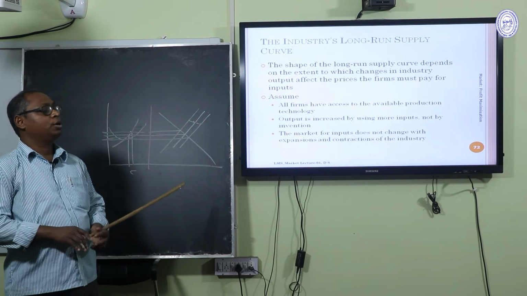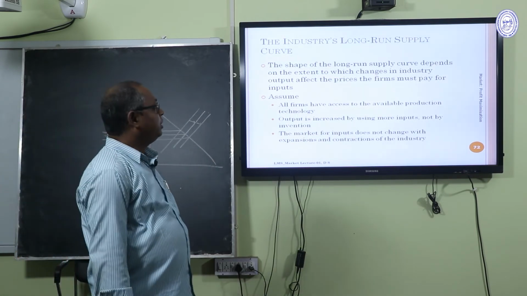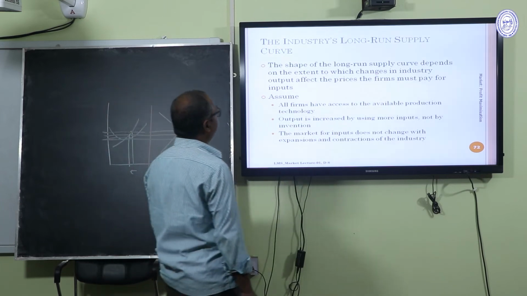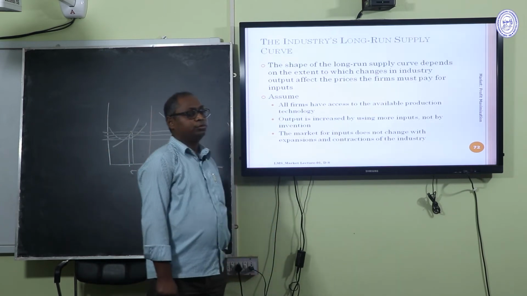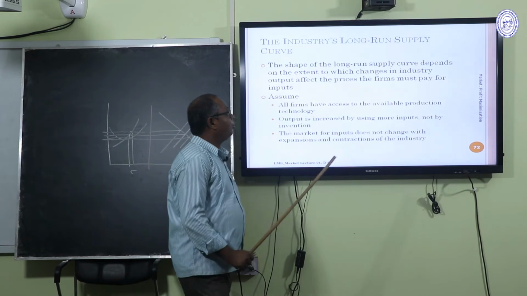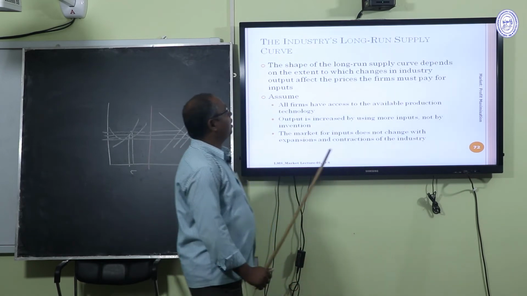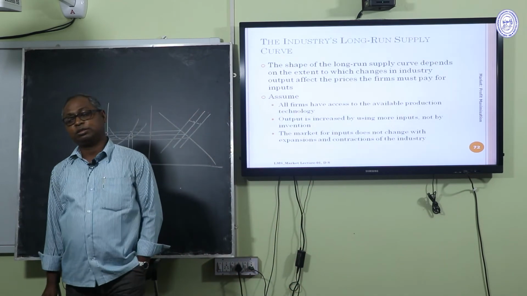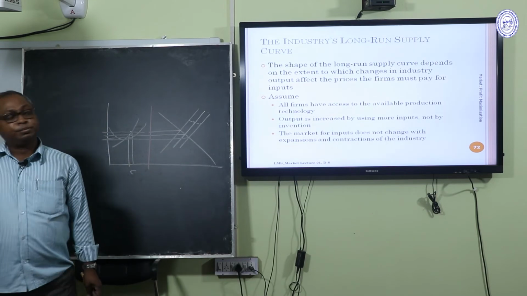Now we can move from the long run equilibrium of the firm to the long run industry supply curve.